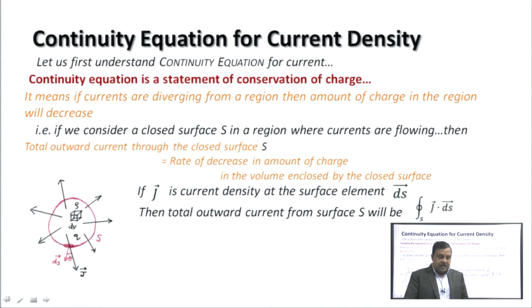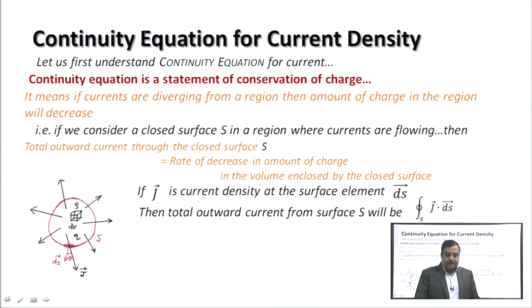So, vector ds makes angle theta with direction of current density J at the surface element ds. Then outward current, what will be outward current? Current density J is ampere per meter square, current per unit surface area. So, current from the surface element ds is J dot ds.